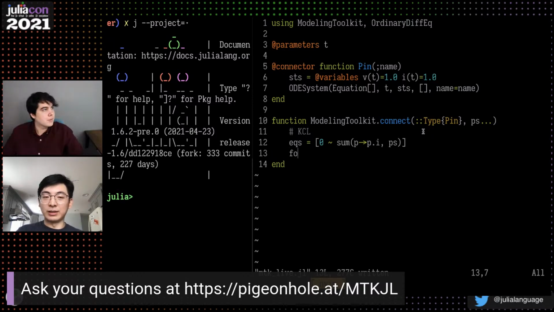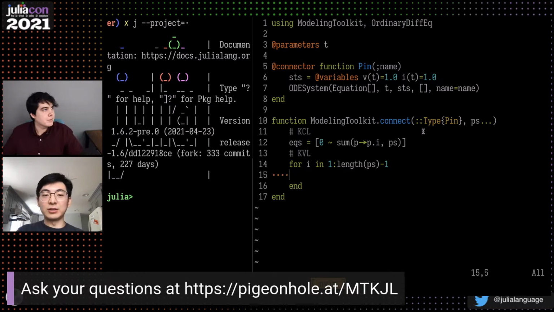And then the second, we need to write the Kirchhoff voltage law, which says that all the voltages are equal. So that is from 1 to the length of pins minus 1, and then we connect all the voltages, a plus 1 with b, and then we return all the connection equations.